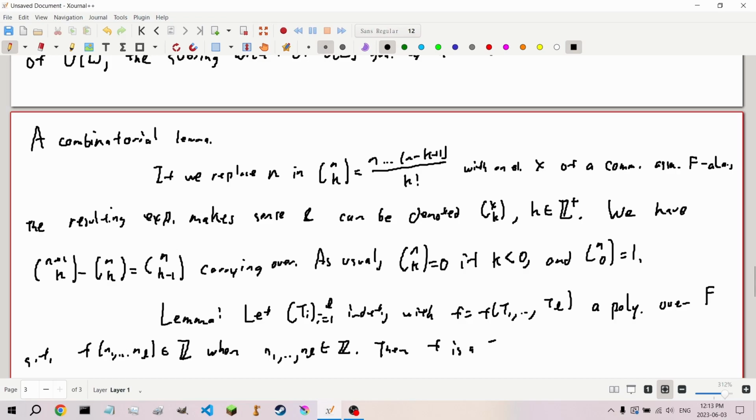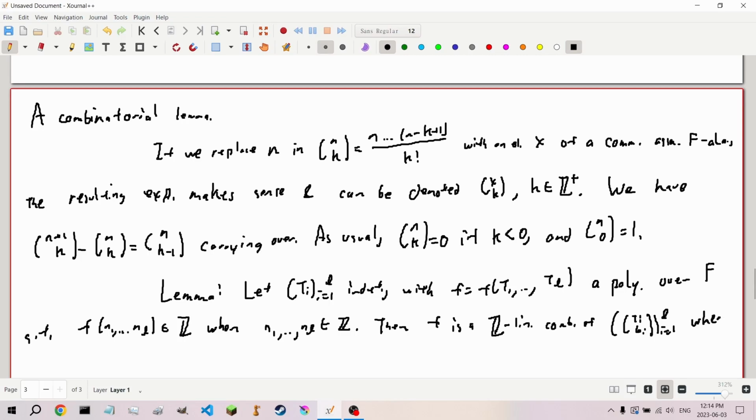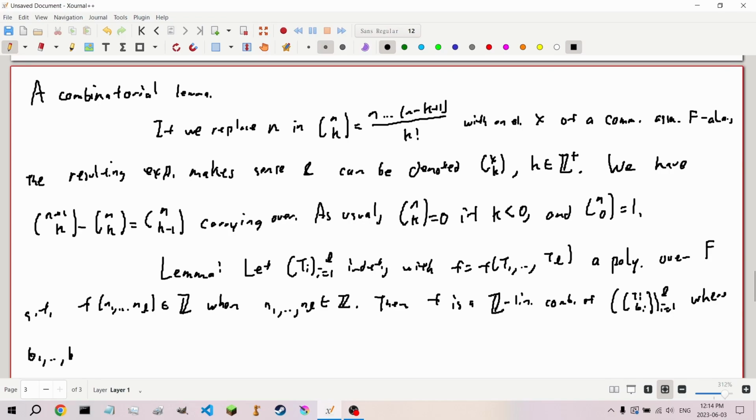Then f is an integer linear combination of the products of t_i choose b_i, for i from 1 to l, where b1 through bl are positive integers, and each b_i does not exceed the degree of f as a polynomial in the respective t_i. The inner double parentheses is our choice operator, and the outer one shows we have a sequence from 1 through l.